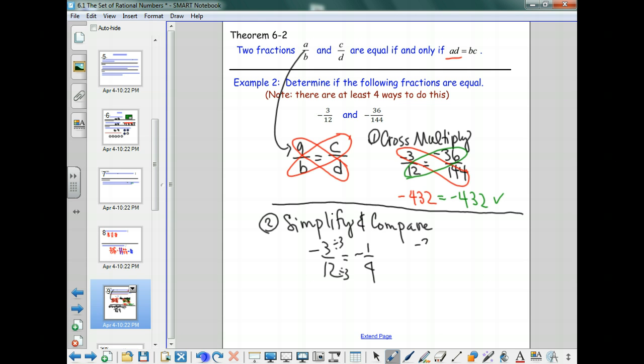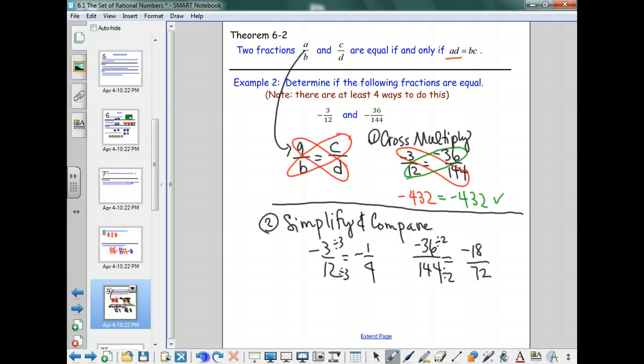And then we've got negative 36 over 144. It might take you a couple steps, because you might look at 36 and 144 and say, they're both even, so you might try that first. What is negative 36 divided by 2? Negative 18. And 144 by 2? 72. Again, they're both even, so we can go again.